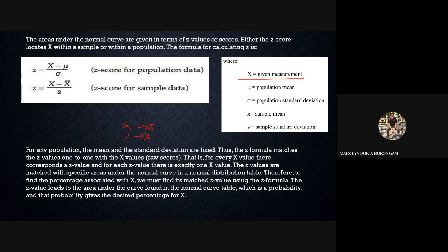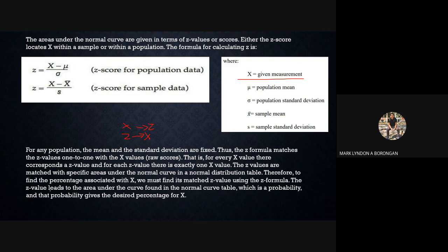So the z values are matched with specific areas under the normal curve in a normal distribution table. Therefore, to find the percentage associated with x, we must find its matched z value using the z formula.